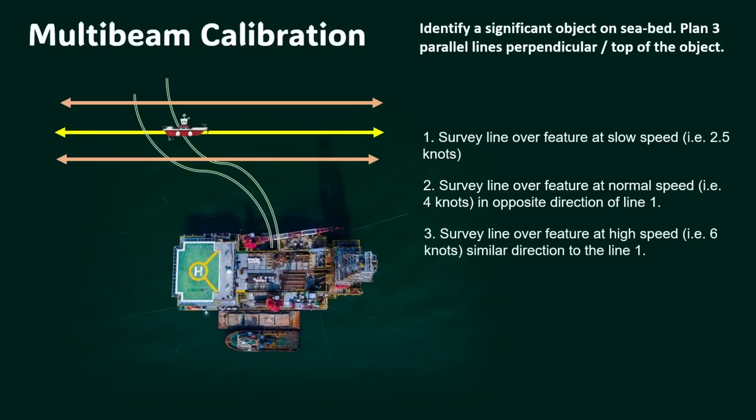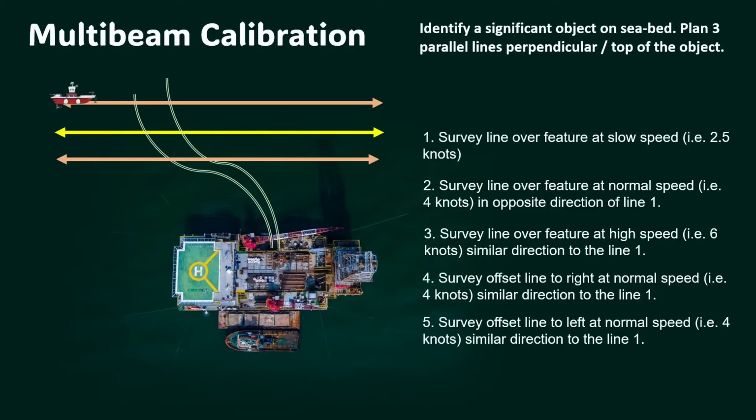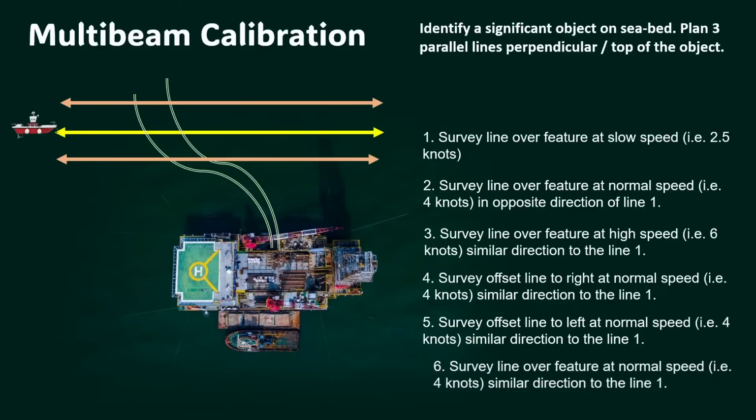Next, run a survey line over that feature at high speed, in a direction similar to line 1. Next, run a survey offset line to the right at normal speed, similar to the direction of line 1. Next, survey an offset line to the left at normal speed, similar to the direction of line 1. And lastly, a survey line over the feature at normal speed, in a direction similar to the first line.